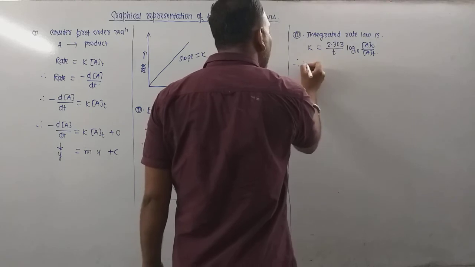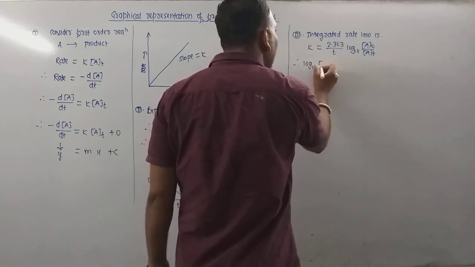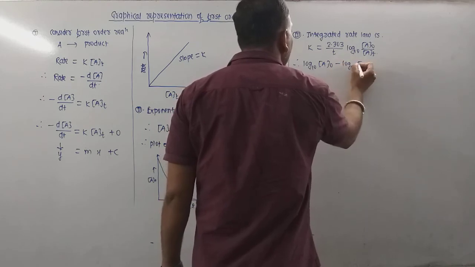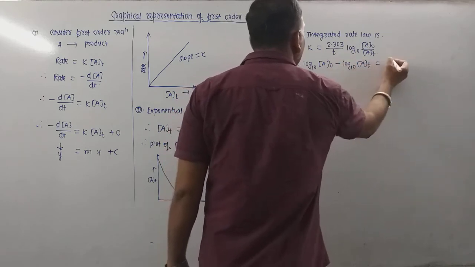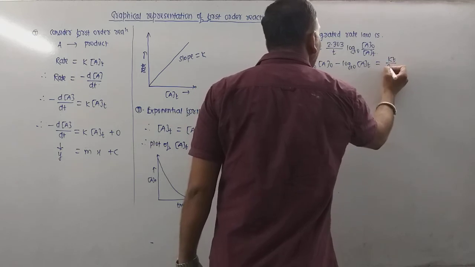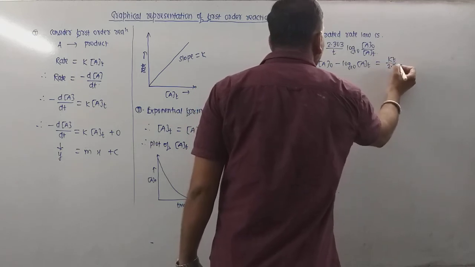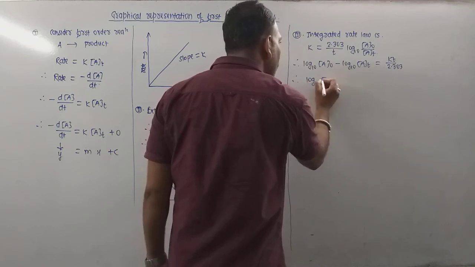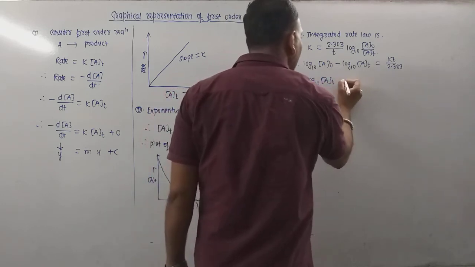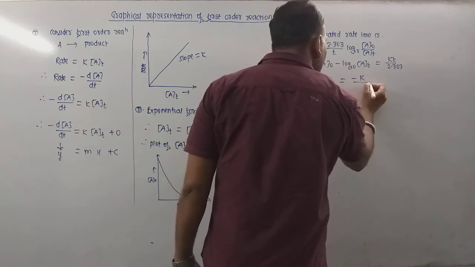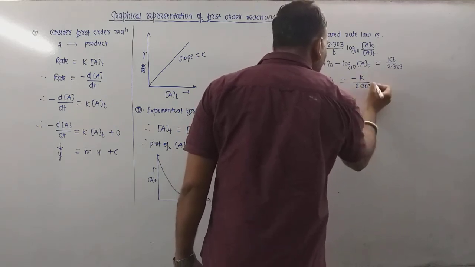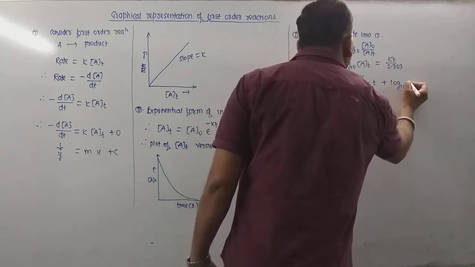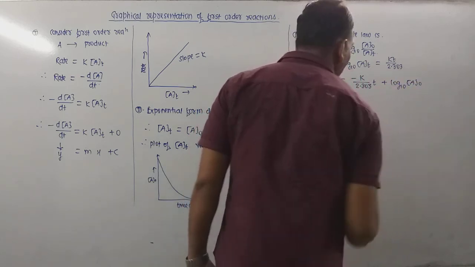So this can be given as log base 10 concentration of A naught minus log base 10 concentration of A at t is equal to kt upon 2.303. Further, this can be given as log base 10 concentration of A at t is equal to minus k by 2.303 t plus log of concentration of A naught.